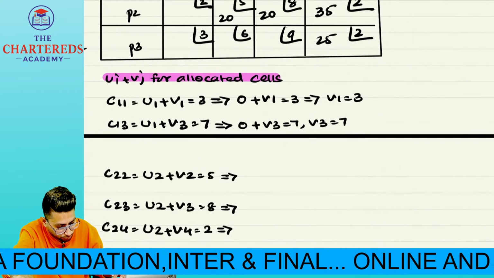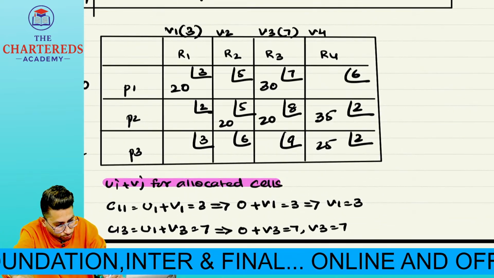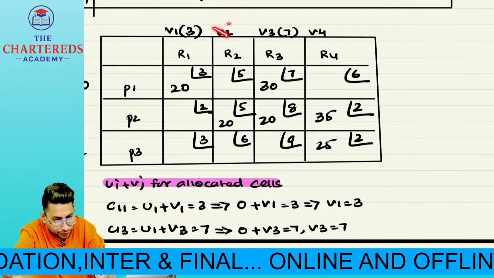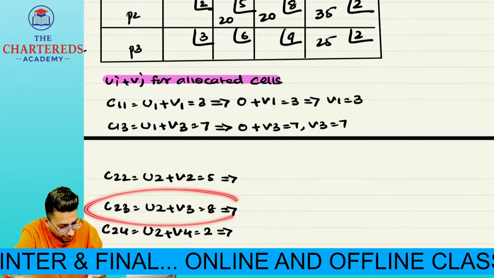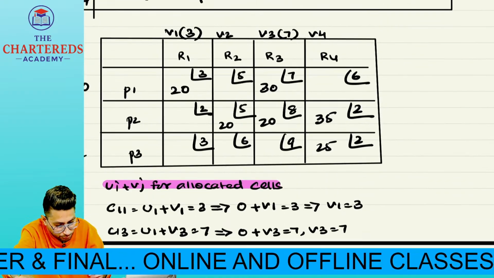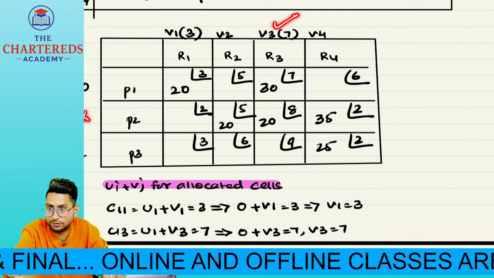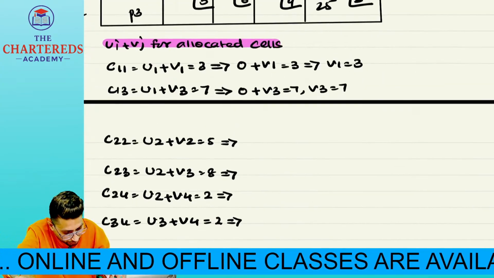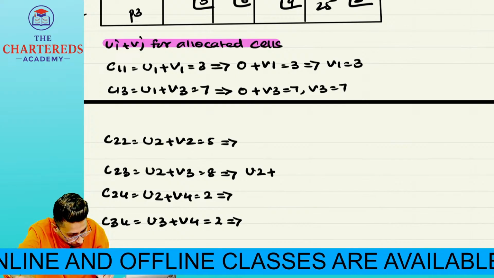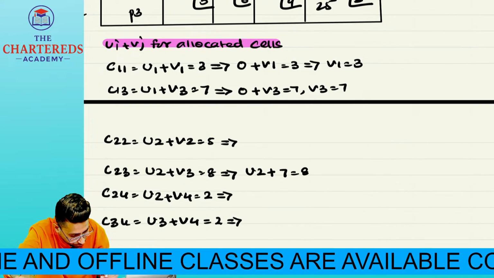Next, U2 and V2. U2 also we don't know, V2 also we don't know. As of now, let us not calculate that. U2 and V3: U2 I don't know, but V3 I know. Can I do the final calculation? Yes. U2 plus V3, which is 7, is equal to 8.